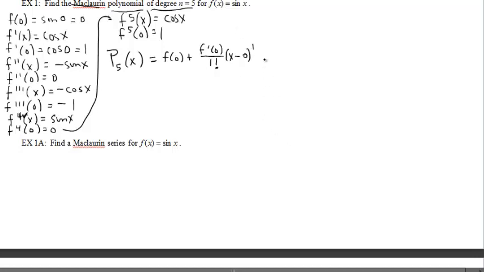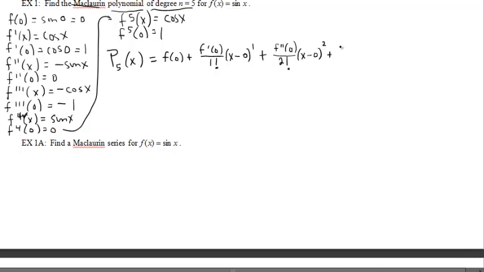That's going to be unnecessary, but I just wanted to show you the complete structure. Next term, the coefficient is going to be the second derivative that we got over here, evaluated at 0, divided by 2 factorial, and that's going to be x minus the center squared. So that'll just be x squared when we clean it up.